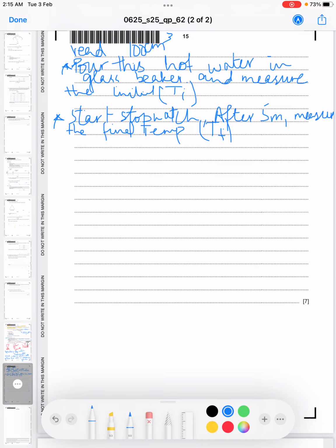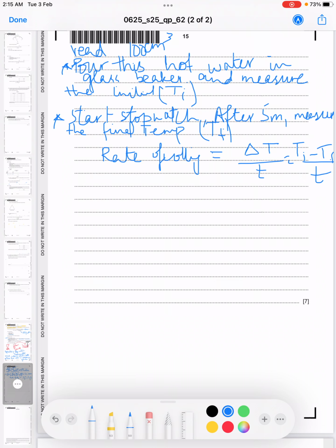Then use the formula of rate of cooling. You should write the formula: change in temperature divided by the time, right? TI minus TF divided by T.